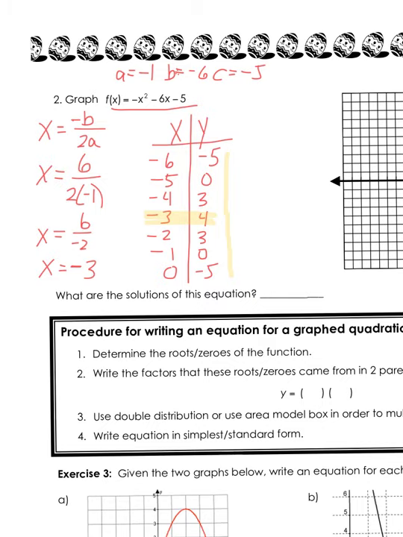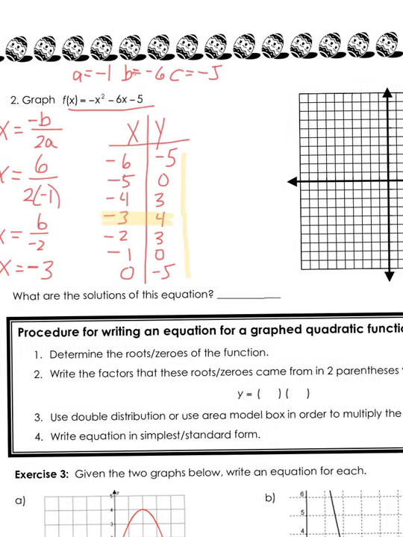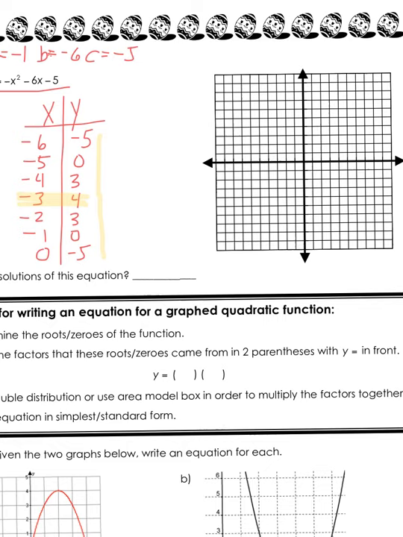Okay, I'm moving over to my graph, and I'm going to plot these points. So negative 6, 1, 2, 3, 4, 5, 6. Negative 5, 1, 2, 3, 4, 5. Negative 5, 0. Negative 4, 1, 2, 3.